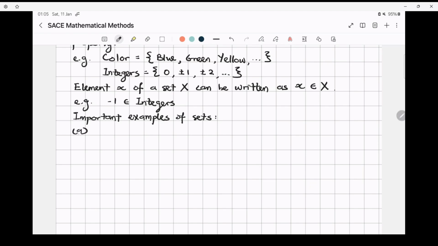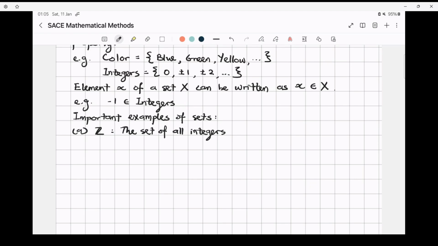Actually, you have a symbol for it. It is the somewhat weird symbol of Z, and this is by definition the set of all integers.